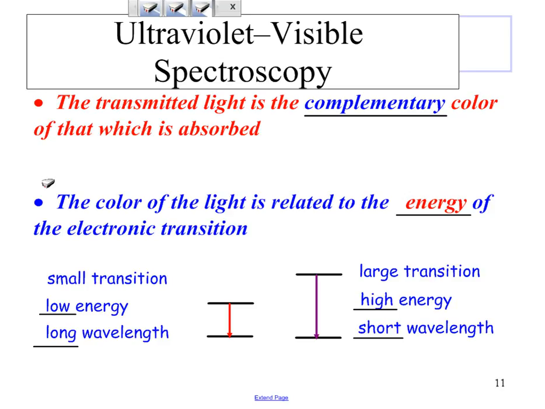So if there's only a little bit of distance between the lower and higher energy levels, it's low energy, long wavelength, towards the reddish region. If instead this electron has to move a lot to get to the higher energy level, there will be a high energy photon or short wavelength.